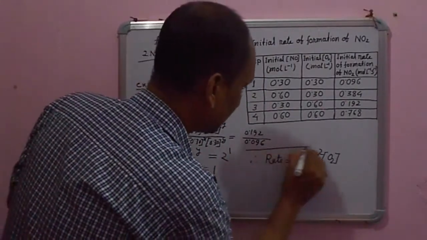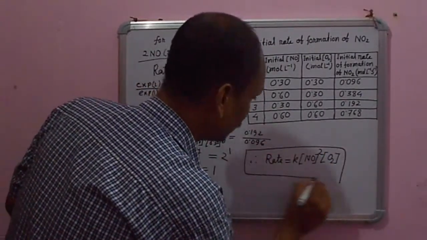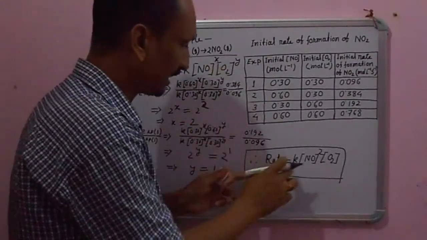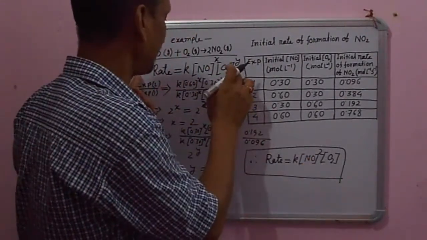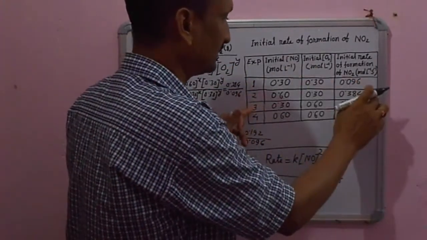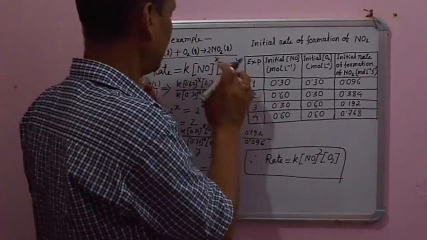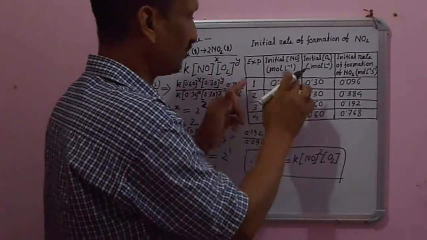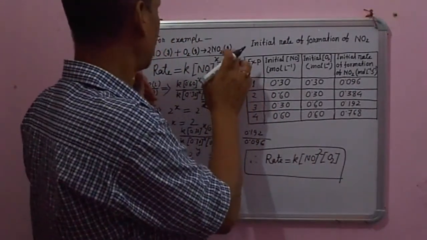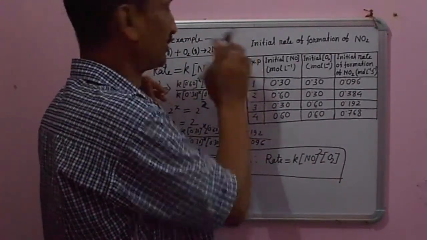So this is the rate law for this reaction. So this way we can determine the rate law for a chemical reaction by analyzing the experimental result. You remember that rate law is obtained from the experimental result only, not from the balanced chemical equation.